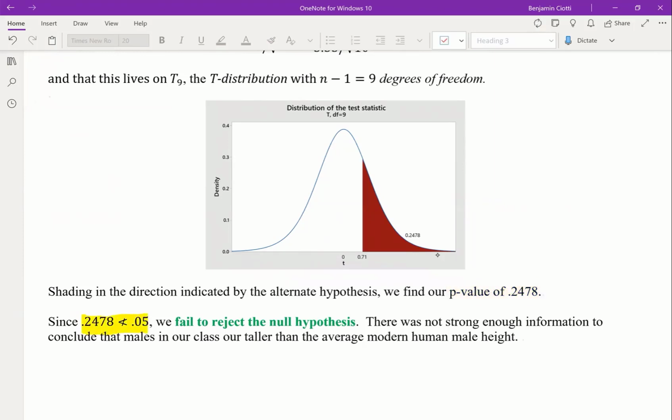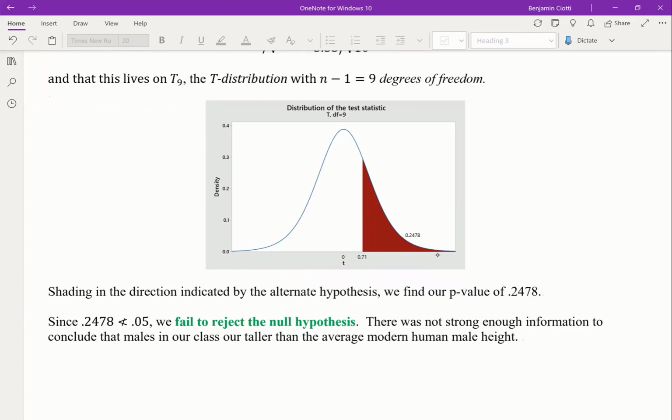Since this is not less than 0.05, we fail to reject the null hypothesis, right? We did not have strong enough evidence to conclude that the males in our class are taller than the average modern human male height, at least based on this particular sample.